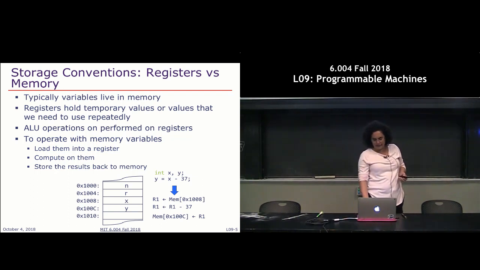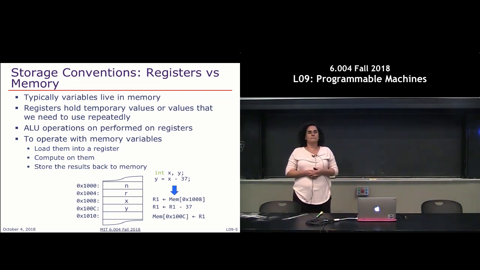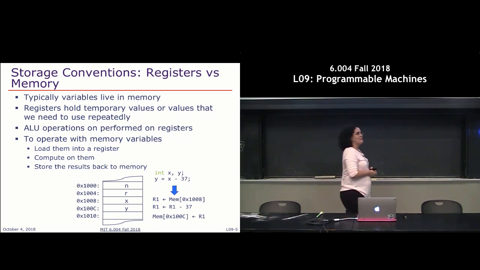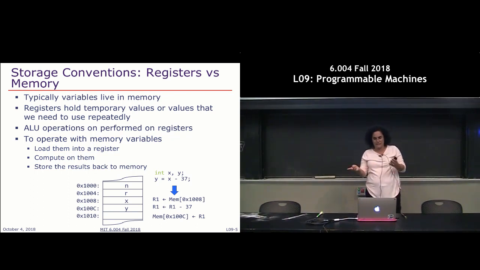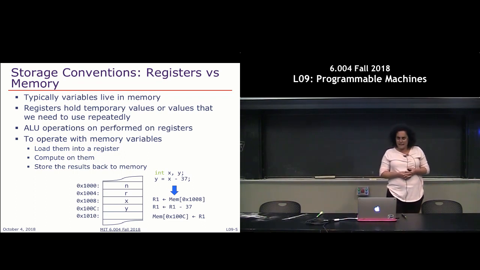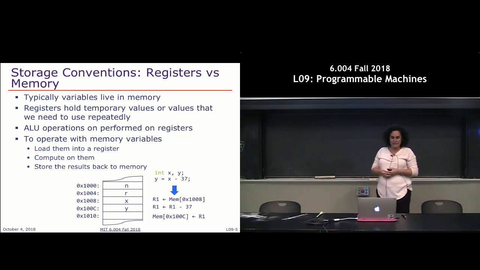So what does that look like? Suppose that I want to do this simple expression here, which says y is equal to x minus 37. As I mentioned, I have my x and y variables living in my memory, and in this particular example, x lives at address 0x1008, and y lives at 0x100c.